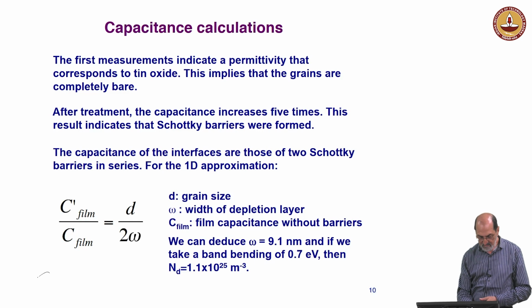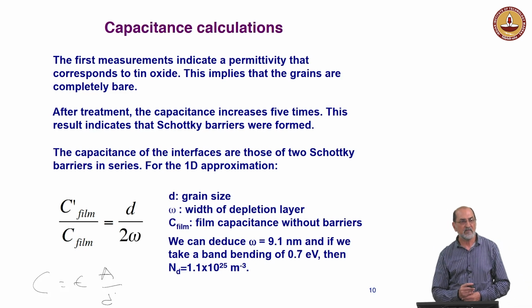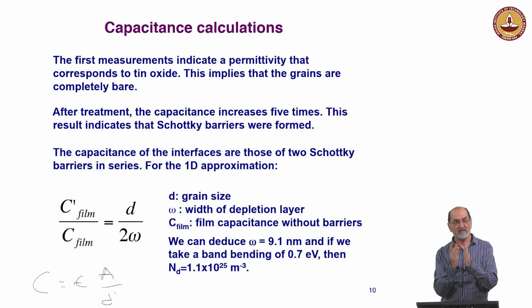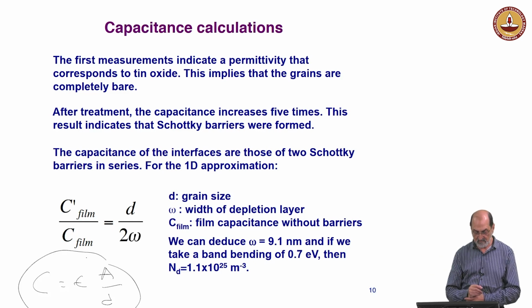The capacitance of the intergrain would be ε over d. You know that, no? The capacitance of parallel plates. So in the case we have between the plates a completely depleted region, the whole thing behaves as a bulk. So this is the capacitance we should measure.